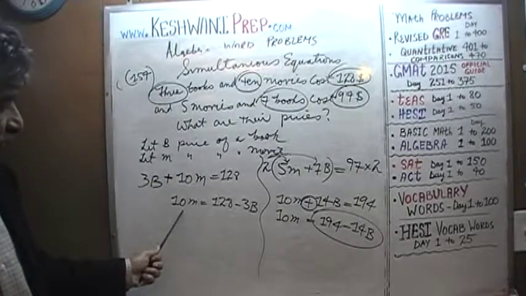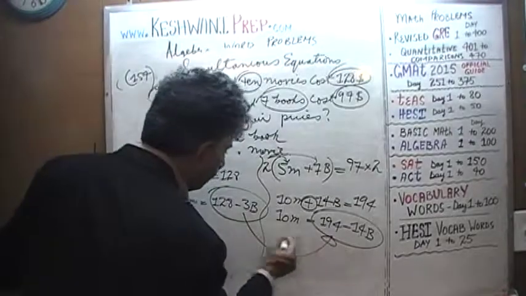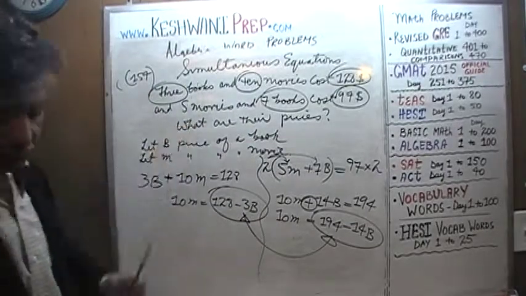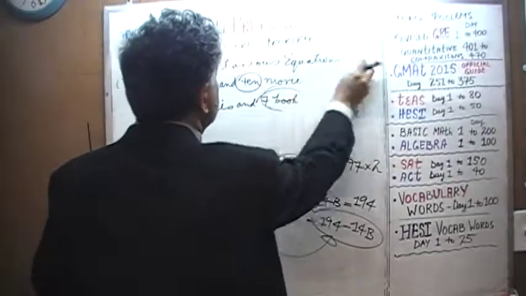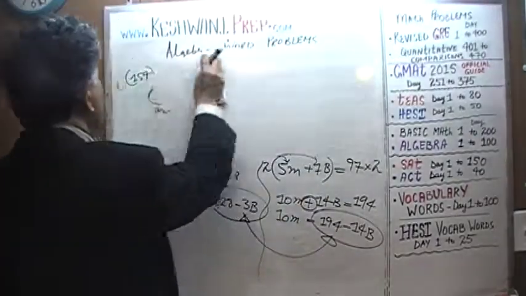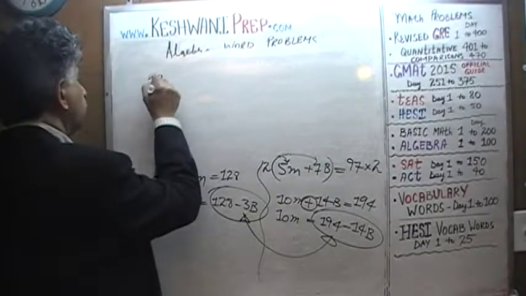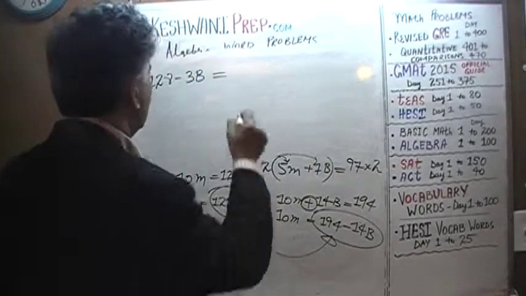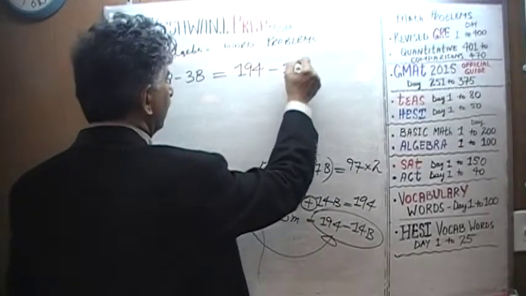These 2 quantities must equal each other because they both equal 10m. Let's do it on the top. 128 minus 3b equals 194 minus 14b.